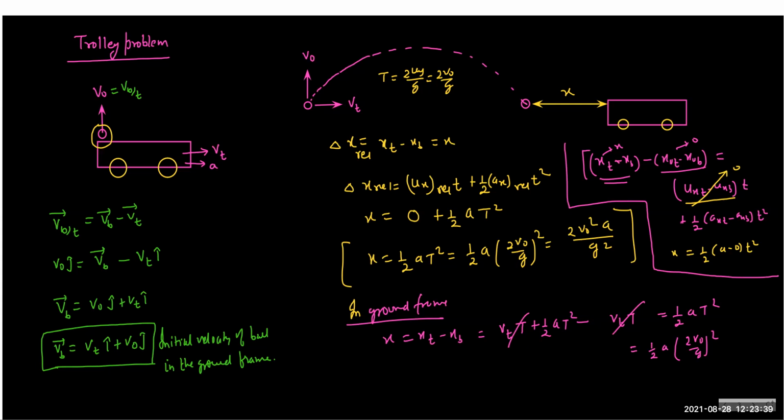So it will be behind, and the answer will be negative. If it is retarding, I would have substituted ax equals minus a, and that will give you the negative answer, which means you are actually not ahead, you will be behind on that side.